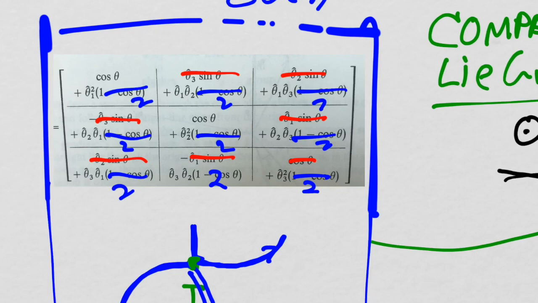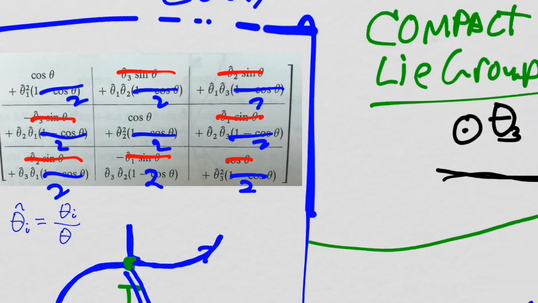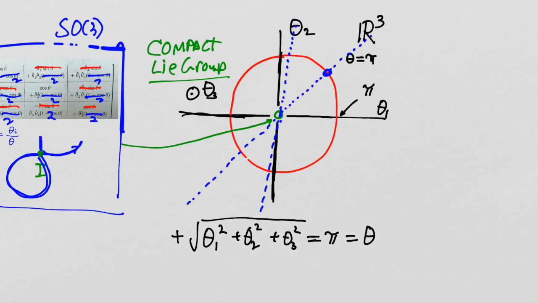Now what's interesting is the hats, right? The hat terms, since theta i hat equals theta i divided by theta. When you wander down here, say you wander to the other side of the sphere, exactly opposite this point, if I wandered over to this point, all the coordinates change sign.